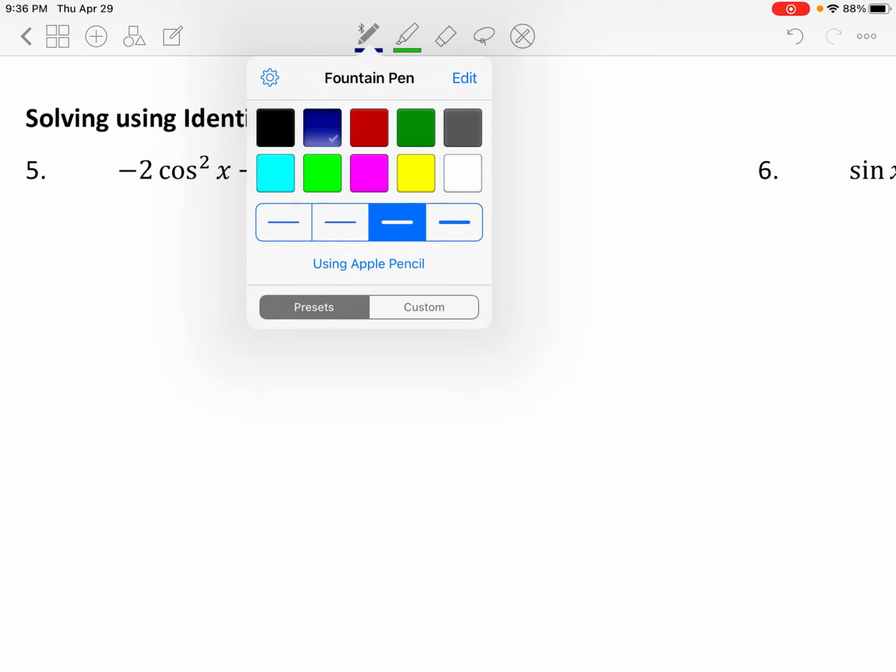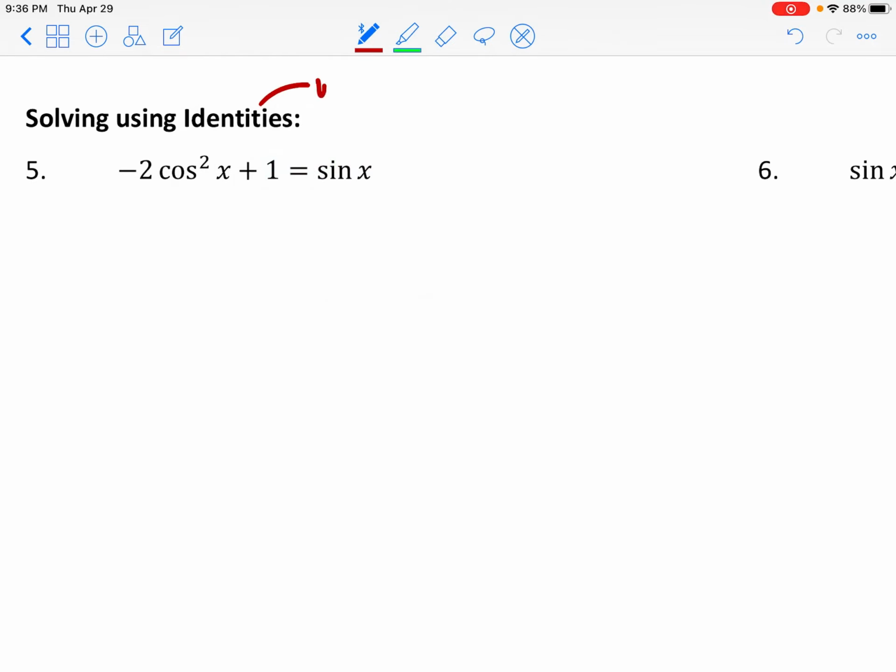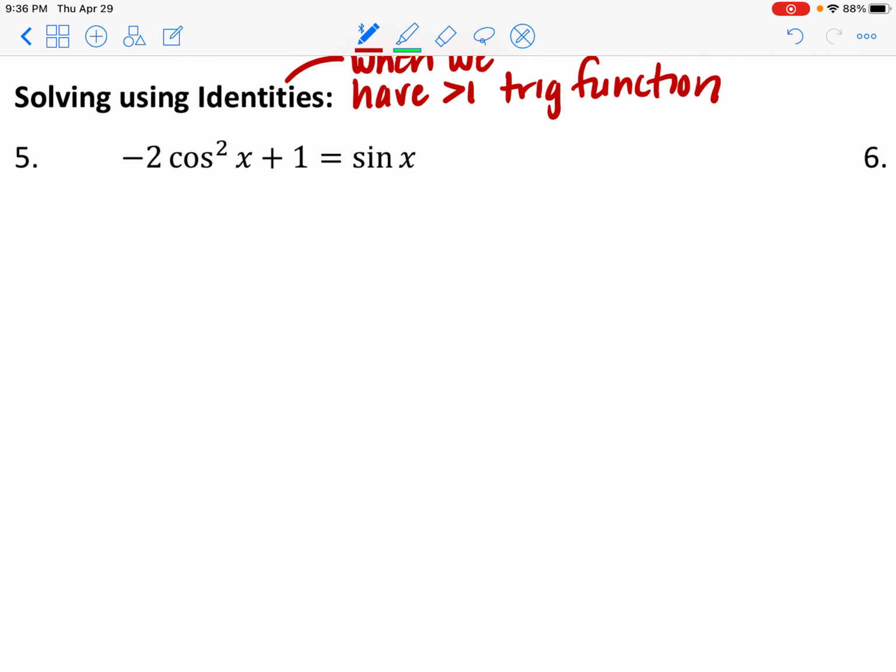So we're generally going to be using identities when we have more than one trig function. The goal would be to use an identity to get it in terms of only one, not the two that are here. And when I'm seeing cosine squared, I know immediately I can use the Pythagorean identity.